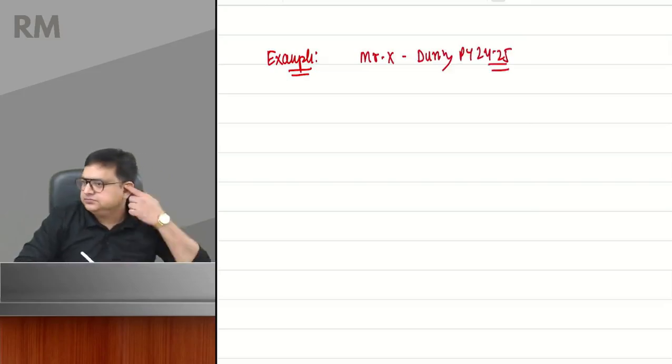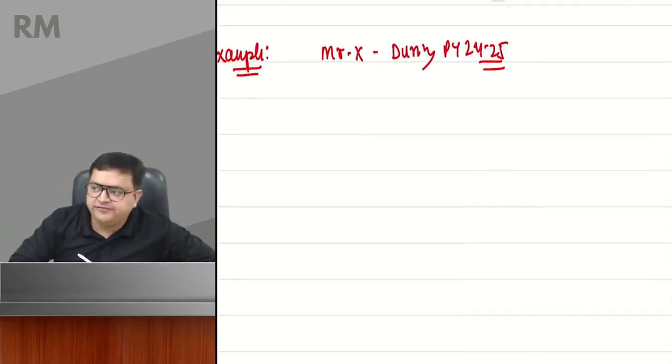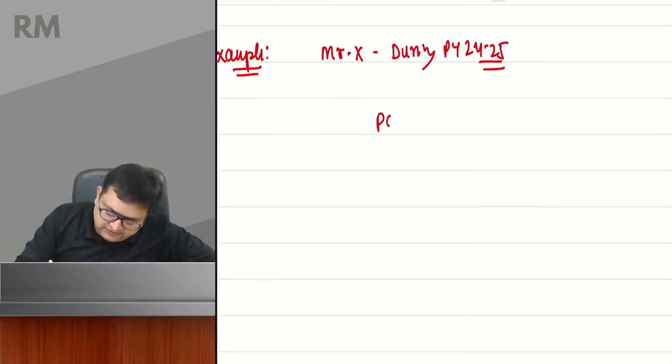Now, write an example. Mr. X, during the previous year 24-25. It's a case of X for the previous year 24-25. His PGBP income is 25 lakh.